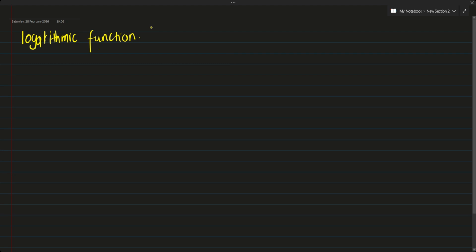So remember, in exponential functions, we put an exponent here, and then we get an answer. So let's say we put 3 there, and then we're gonna get what? We're gonna get 8, right?